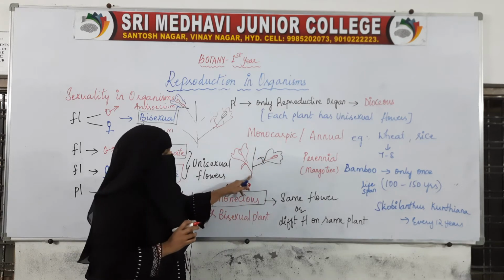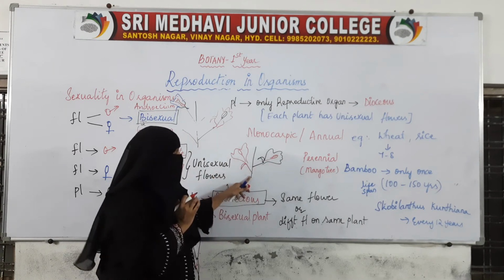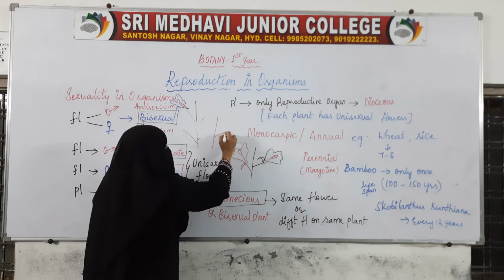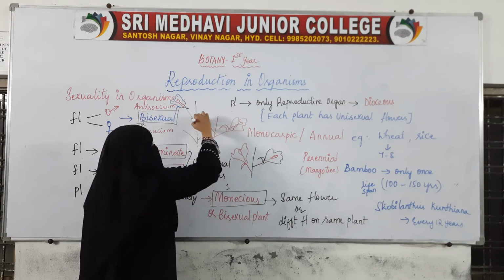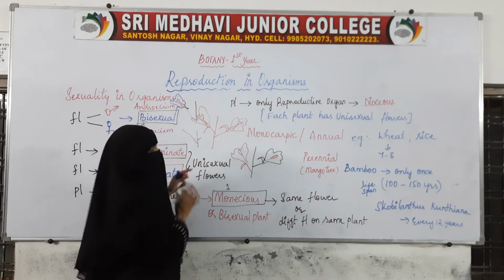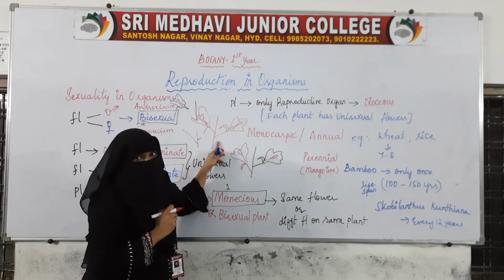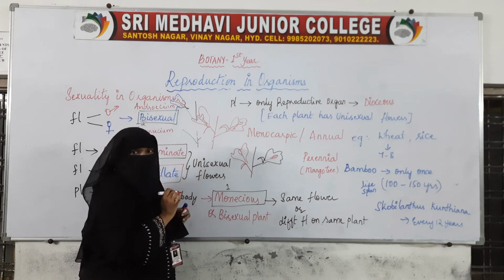Or I can draw it like this also: a single plant, calyx, corolla, then pistil. All the flowers have calyx, corolla, then pistil. On a single flower, only one reproductive organ is present. On a single plant, only one reproductive organ is present.